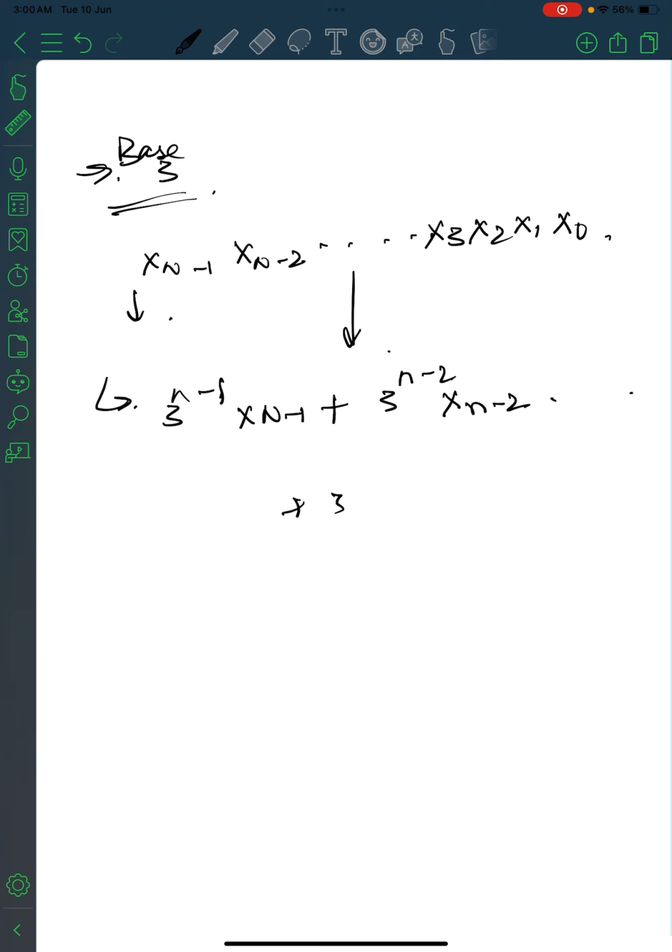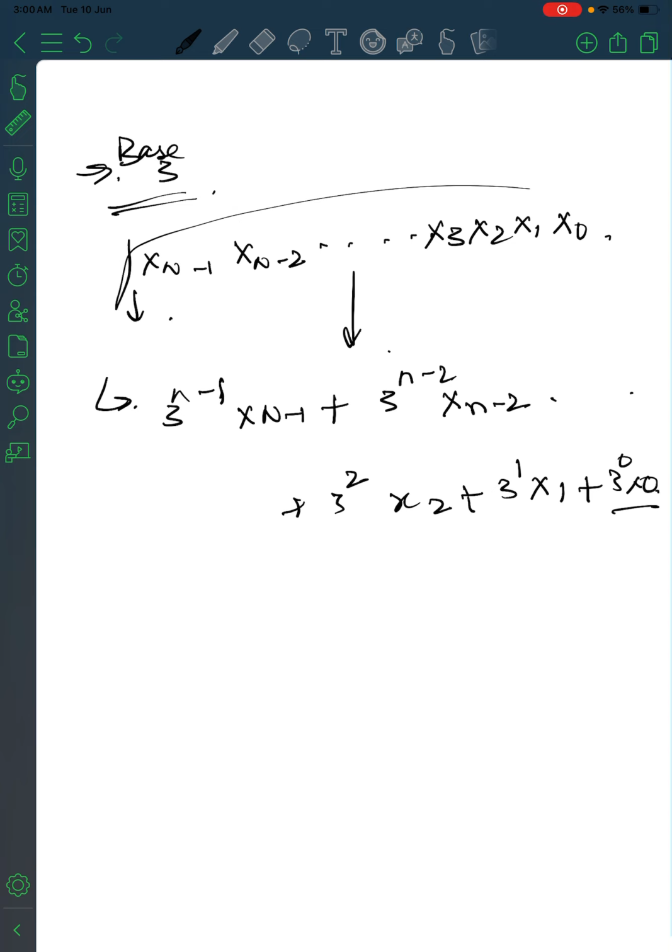We'll be having 3 squared x2 plus 3 to the power 1 x1 plus 3 to the power 0 x0. This is representing a base 3 number, right?